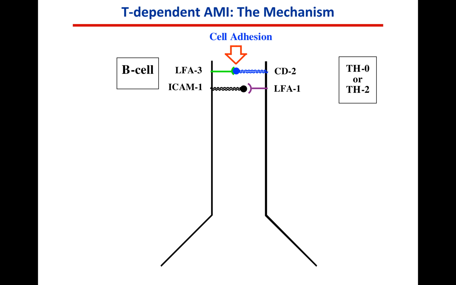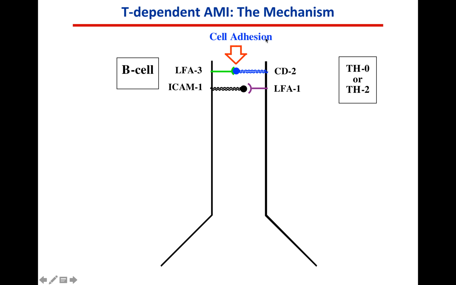Now, let's just take a look. This is a little bit of a review, but I want to make a point because there are a few other molecular players involved between the cells that we've talked about. If we look at the cell interaction, this is the membranes between the two cells. There are molecules that are really critical to interacting and holding the interaction between the cells together.